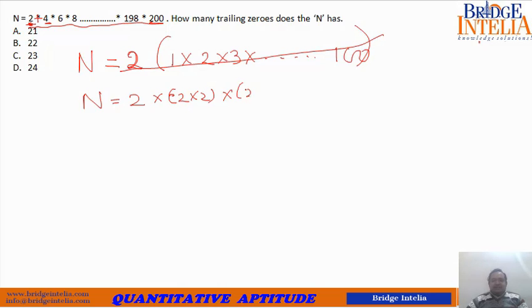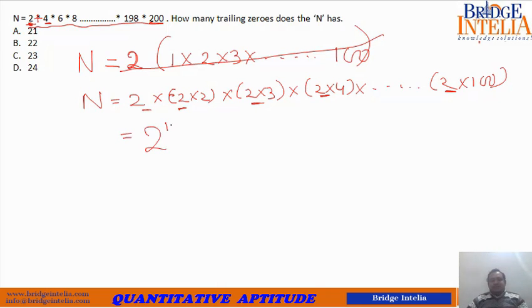Similarly, 6 is 2 into 3. 8 is 2 into 4 and so on. 200 is 2 into 100. So 2 is taken out from each of these. So this is basically 2 to the power 100. So 2 is taken outside. What remains? 1 into 2 into 3 up till 100.